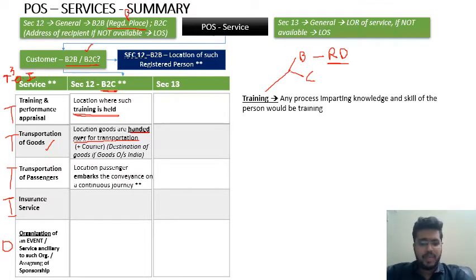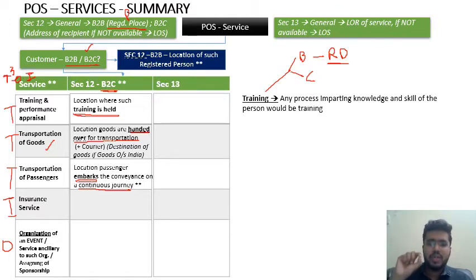For B2C, the place of supply provisions for passenger transportation say the place of supply will be the location where the passenger embarks the conveyance on a continuous journey, guys, right? The location where the passenger embarks is the place where you board the flight, or get onto the conveyance. Conveyance is any vehicle, vessel or aircraft which is going to do the transportation service.